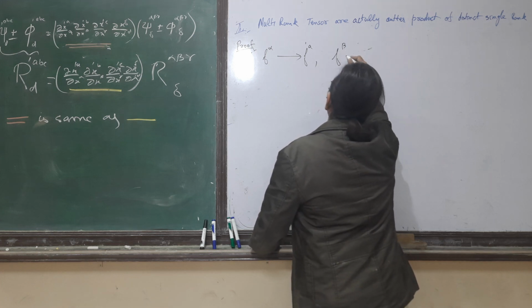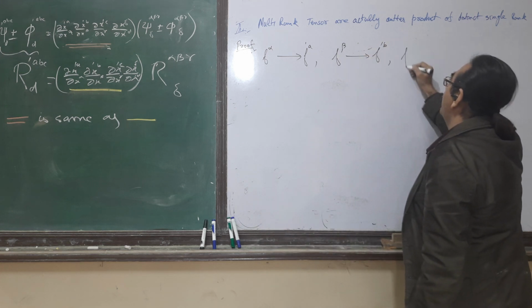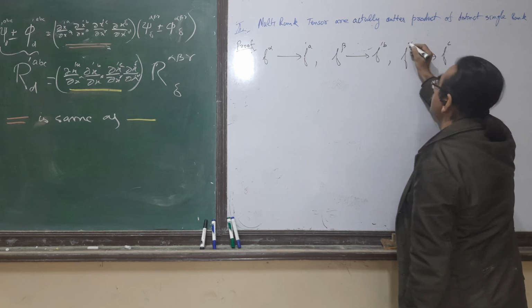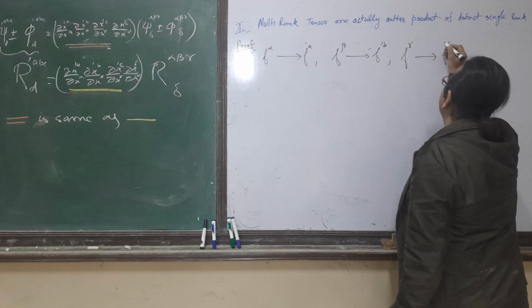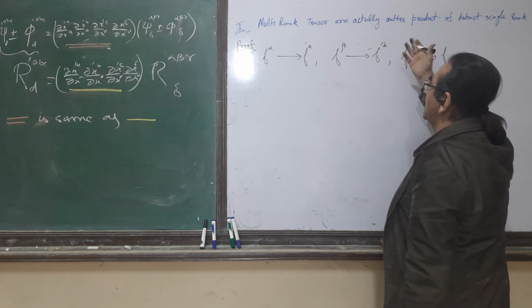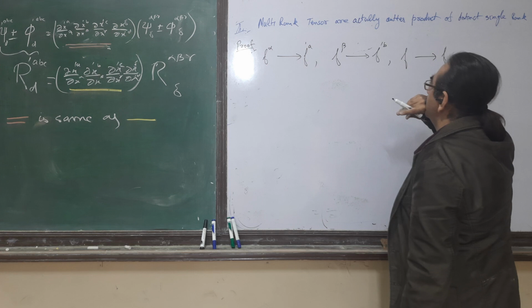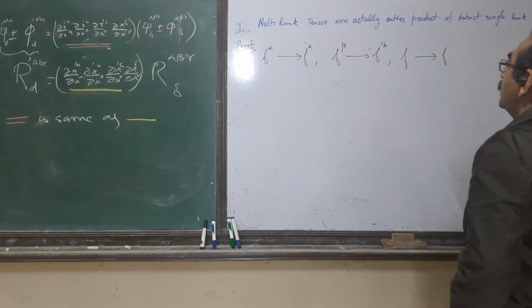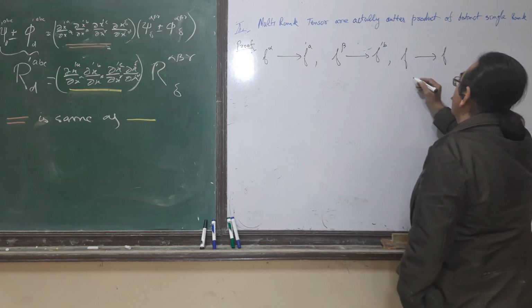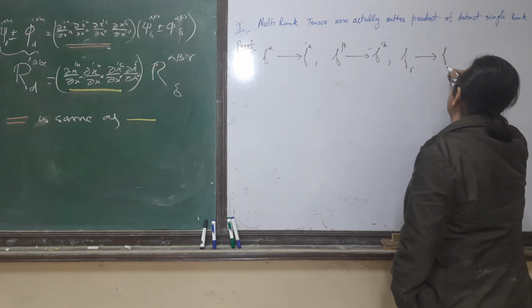F beta is going to F B prime, F gamma is going to F C. Sorry, some must be up, some must be down. Alpha is going to A, beta is going to B, gamma is going to C prime.